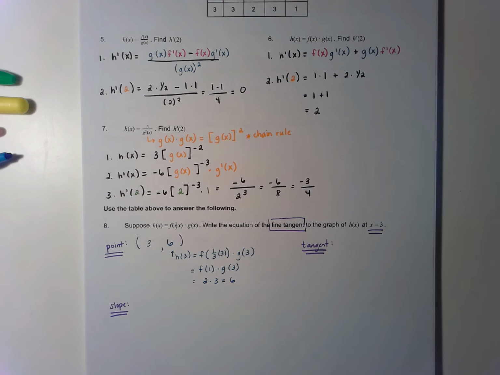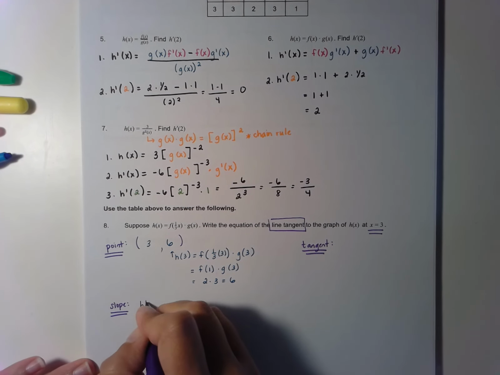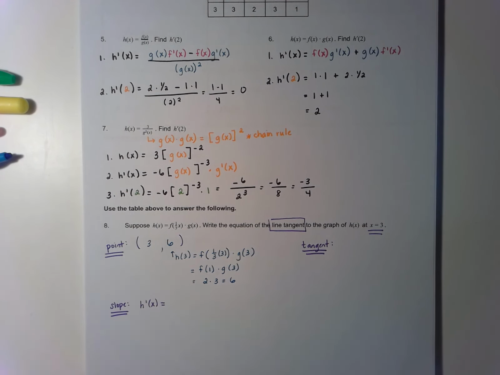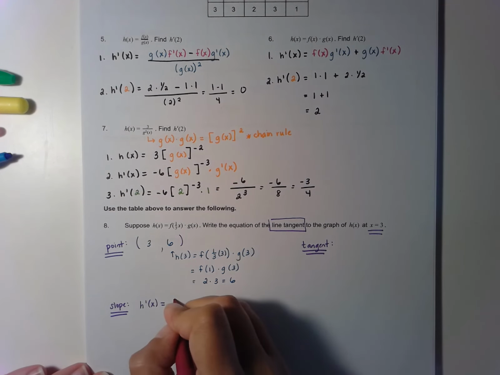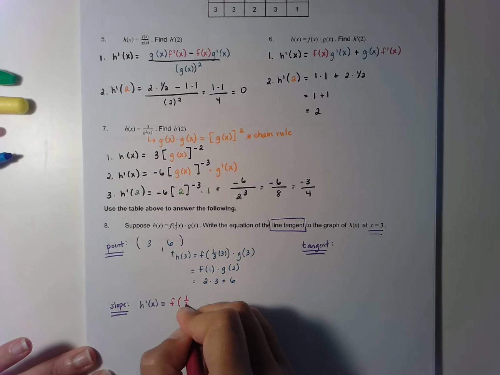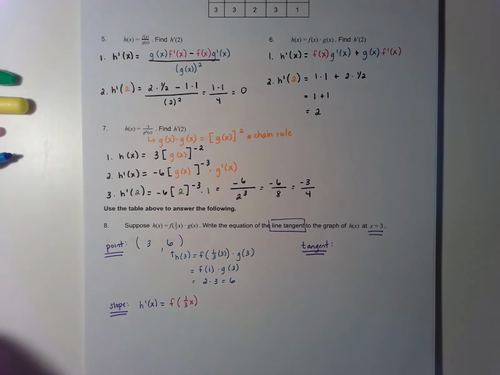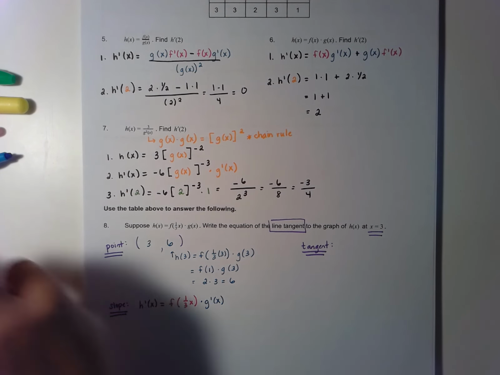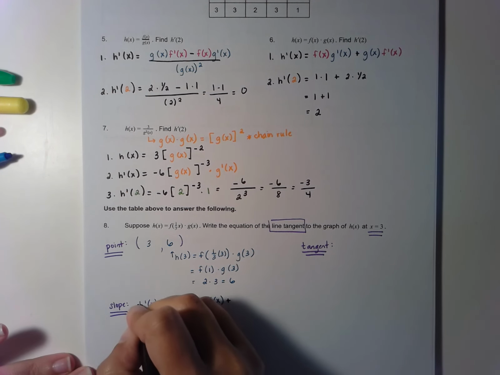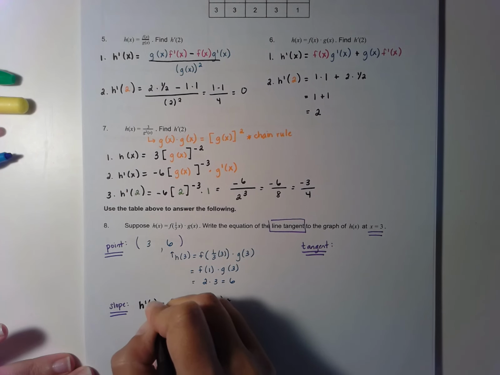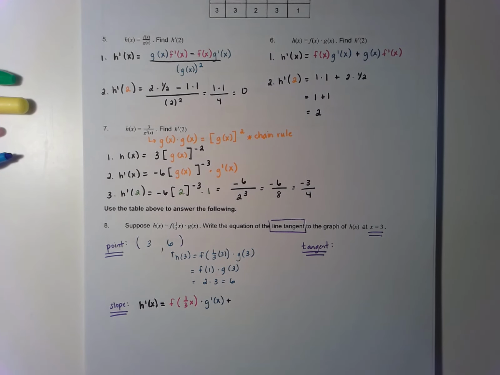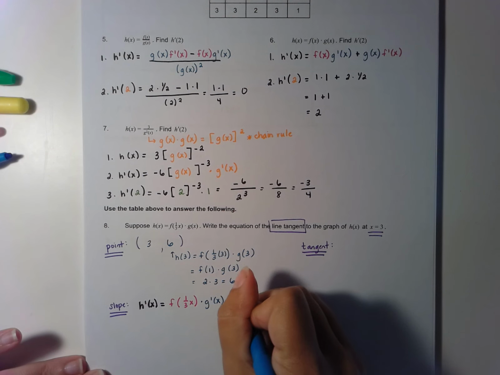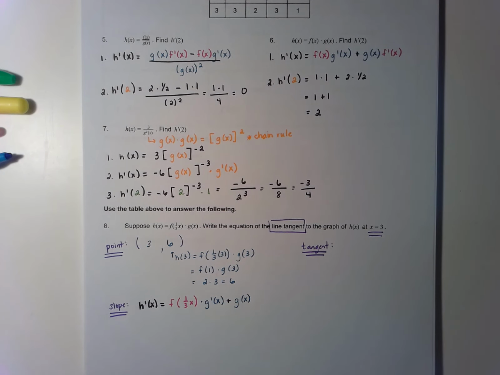In order to find the slope, I need to start by taking the derivative. So I'm going to start by finding the derivative of h, which means because it's product rule here, I'm going to copy the first, take the derivative of the second, plus copy the second, and then take the derivative of the first.